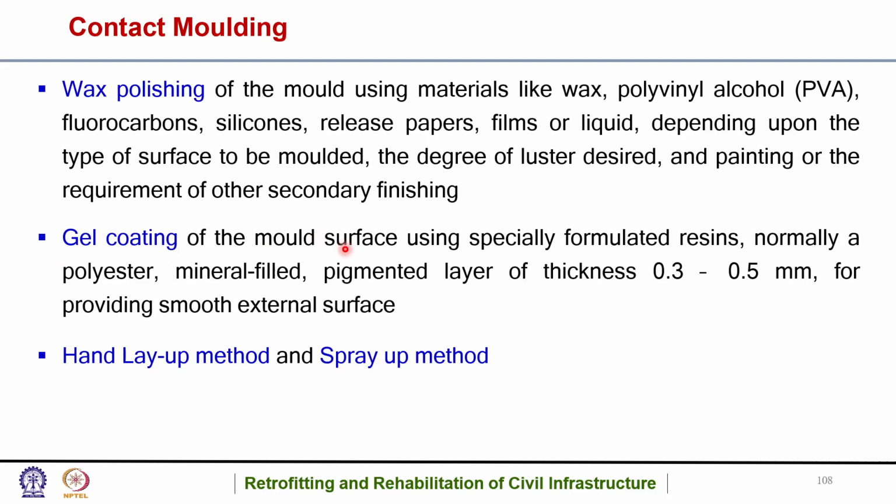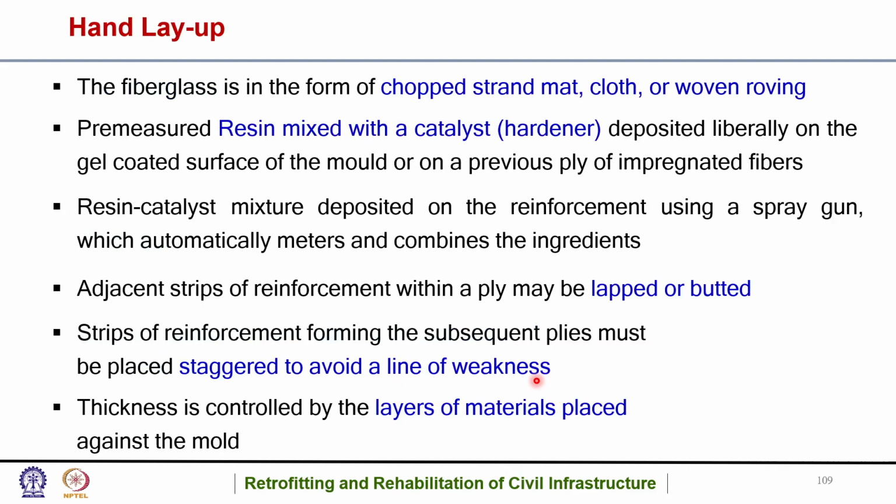Gel coating of the mold surface using specially formulated resins, normally a polyester mineral fill pigmented layer of thickness 0.3 to 0.5 millimeter for providing smooth external surface. And then there is hand layup method and spray up method. Okay, so these are the various types.